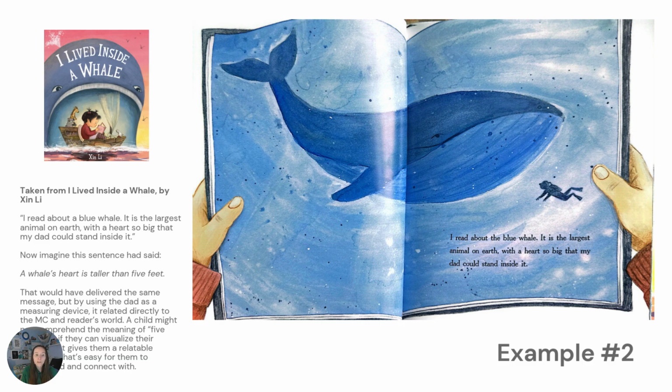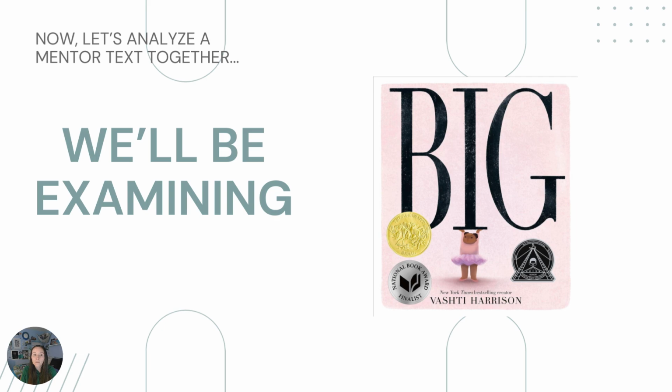That would have delivered the same message and information, but by using the person's dad as a measuring device, it related directly to our main character and reader's world. A child might not be able to comprehend the meaning of 5 feet, but they can visualize their parent, and that gives them a relatable frame of reference to use that's easy for them to understand and connect with.